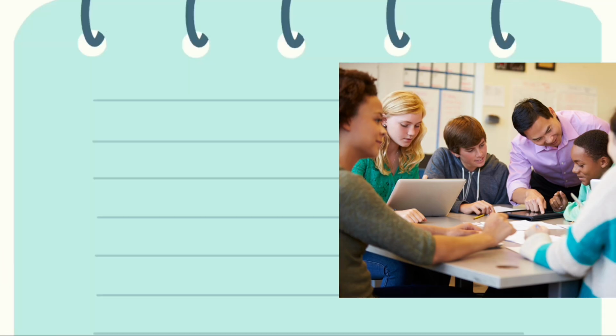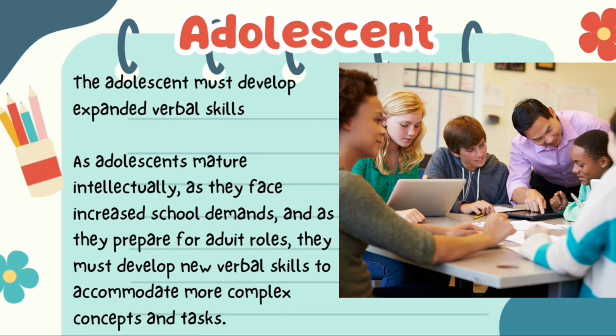Now up next is adolescence. The adolescent must develop expanded verbal skills because adolescents mature intellectually as they face increased school demands and as they prepare for adult roles. They must develop new verbal skills to accommodate more complex concepts.